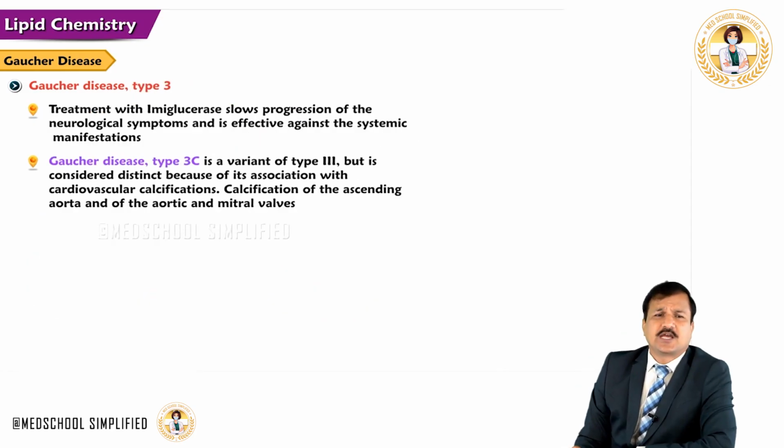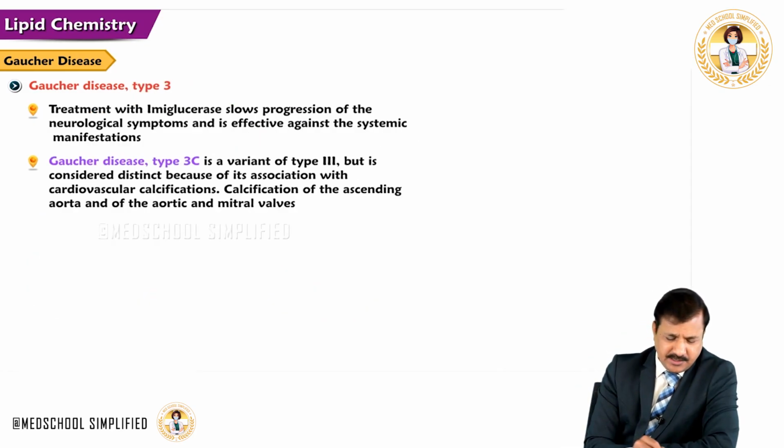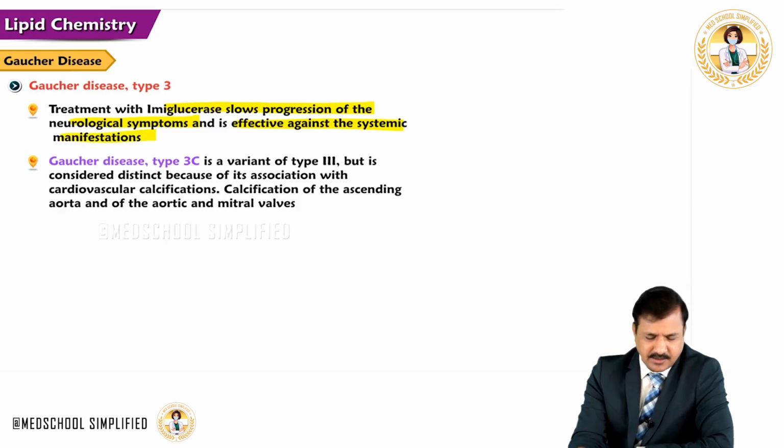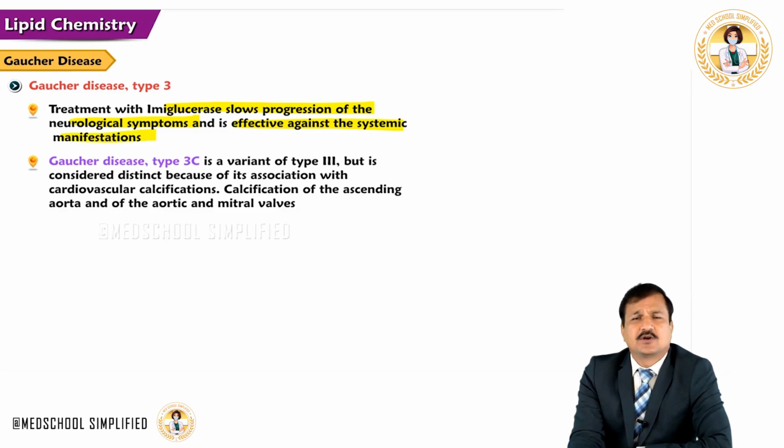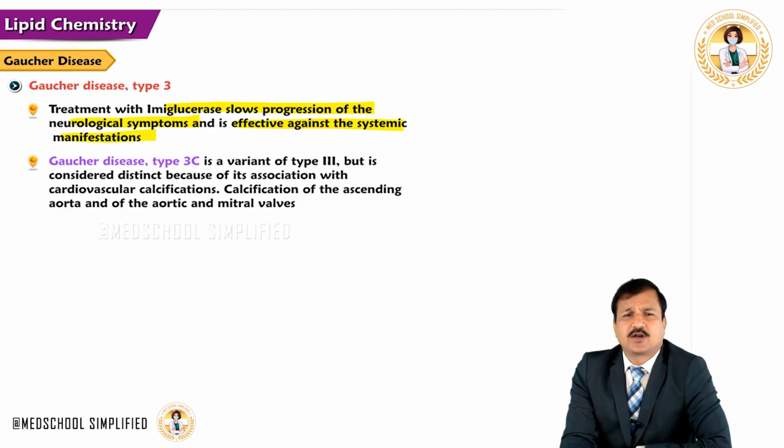For Gaucher's disease type 3, the treatment involves imiglucerase, which slows the progression of the neurological symptoms and is effective against systemic manifestations. So, remember the treatment for Gaucher's type 3 is imiglucerase.